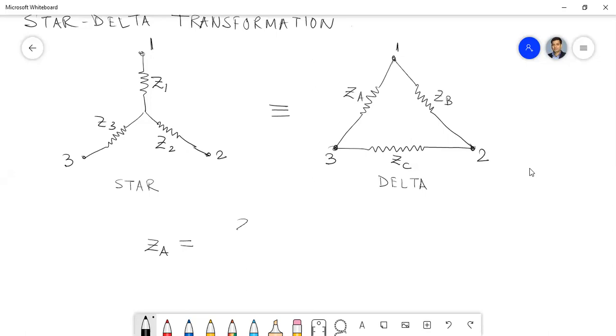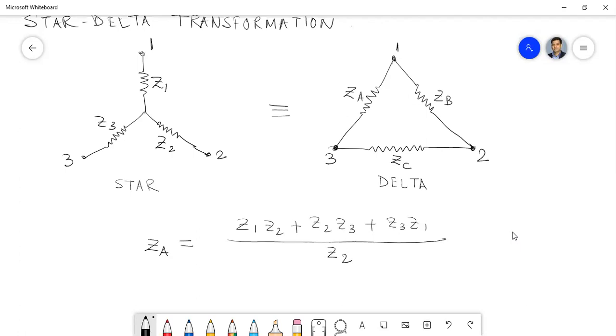ZA equals Z1 Z2 plus Z2 Z3 plus Z3 Z1, divided by Z2. How to remember this?